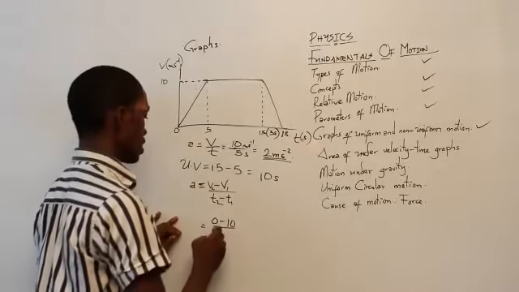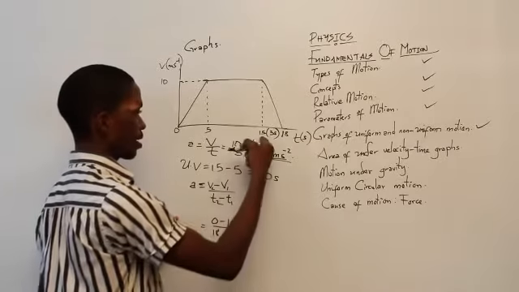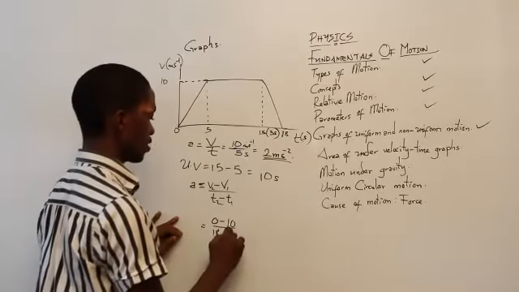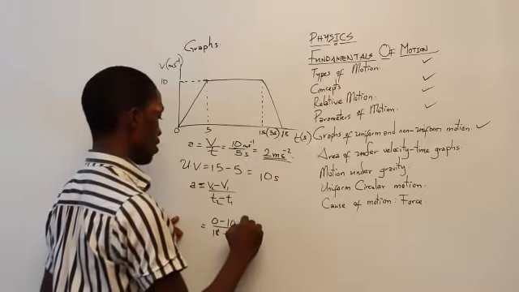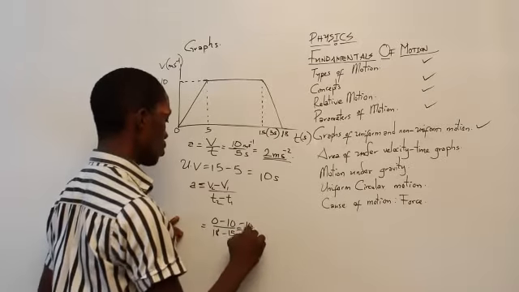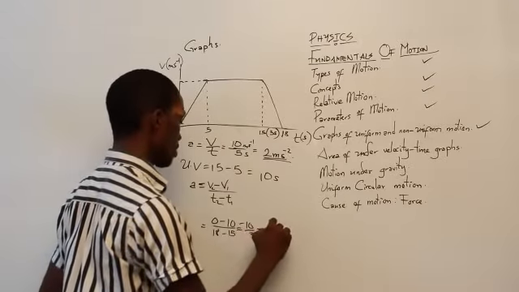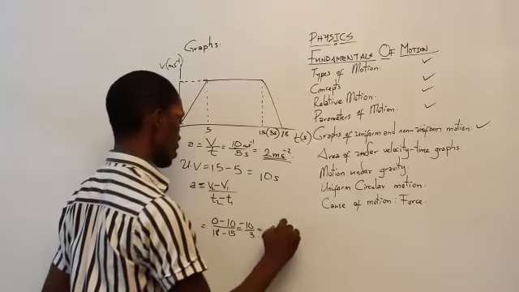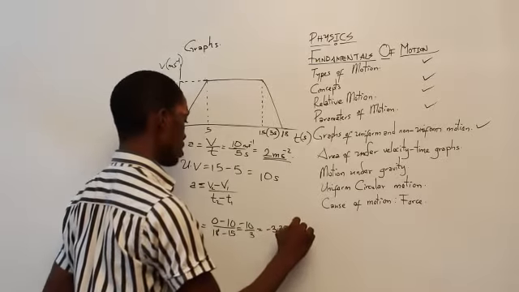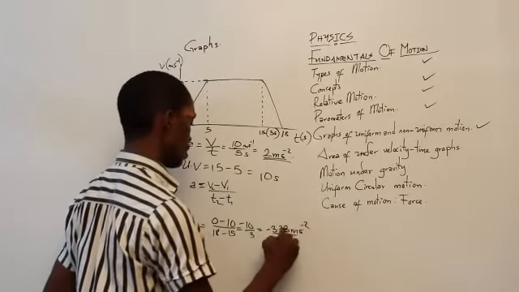Our final T is 18, and our previous T is 15. So we have 0 minus 10 over 3, which gives us minus 3.33 meters per second square.